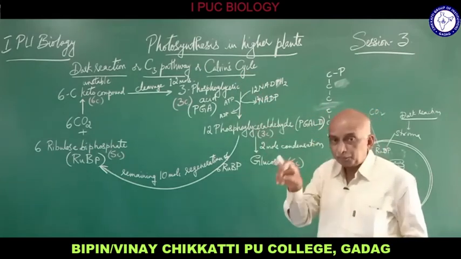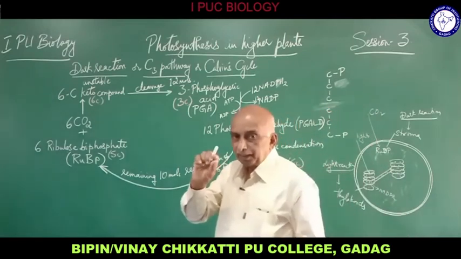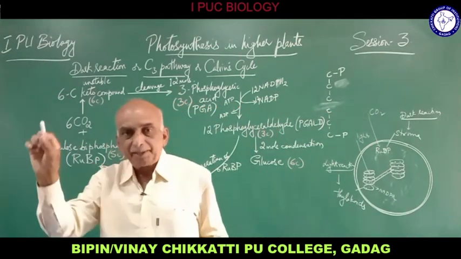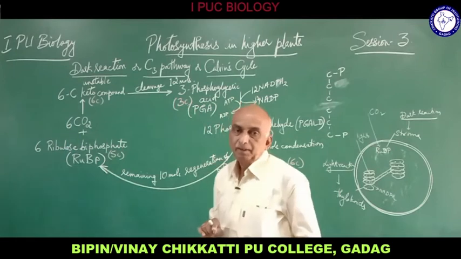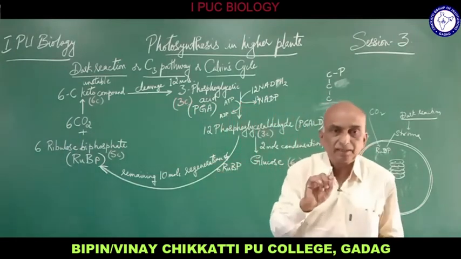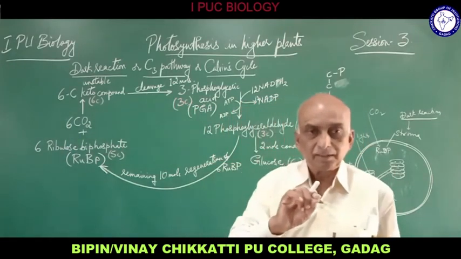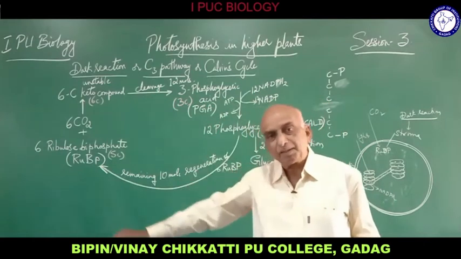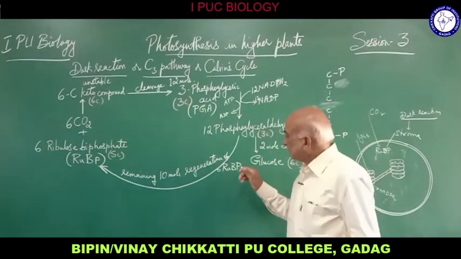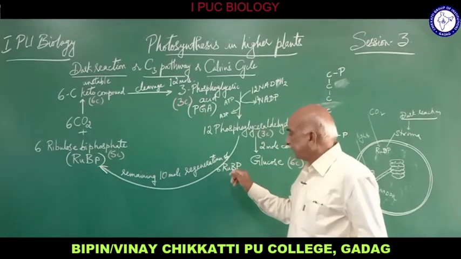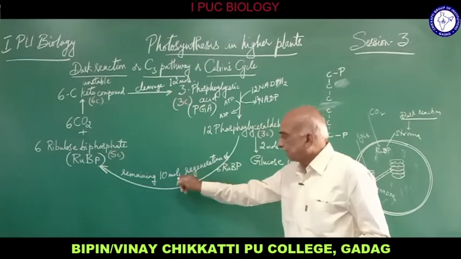In cyclic photophosphorylation, the electrons that have started come and occupy the same position. But in non-cyclic, where the electrons are initiated, they occupy some other place. So here the RuBP is regenerated by 10 molecules.